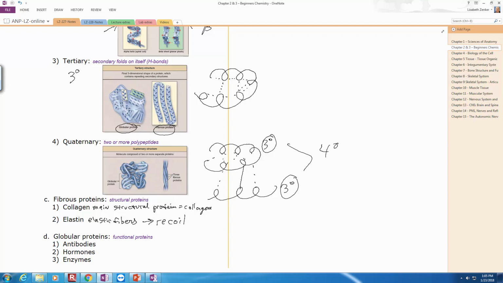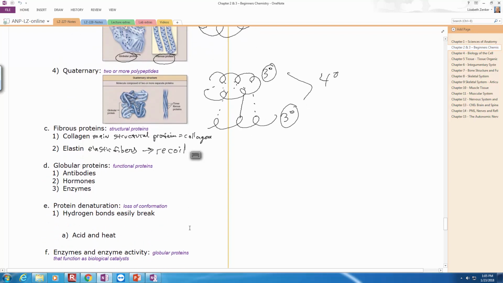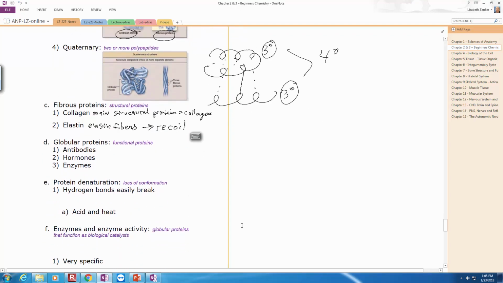And so then we also have globular proteins. Okay, so fibrous proteins, we're talking about the structural component. Globular protein, we're talking about the functionality of it. So an example of a globular protein might be hemoglobin. Okay, so these are proteins that do something. So hemoglobin transports oxygen. It does something for us. So we have other examples like antibodies.